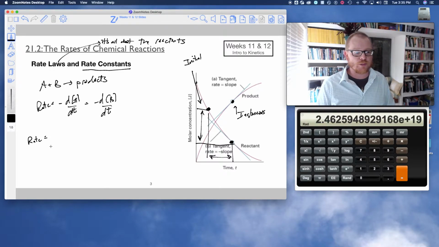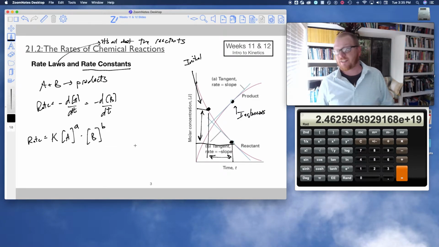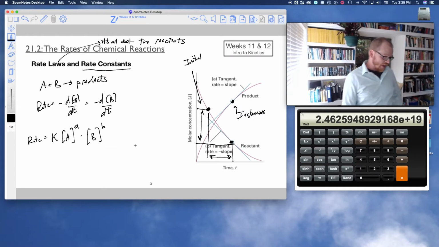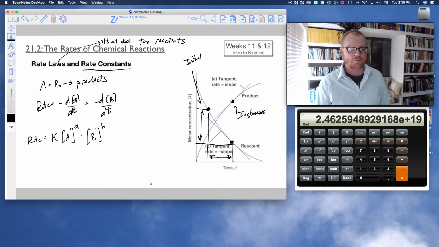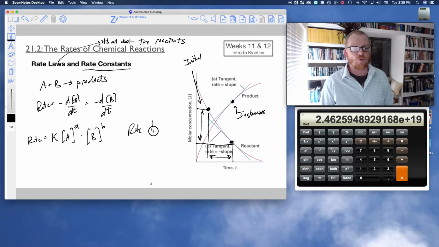And what I do to set up this rate law, it's always going to be k times the reactants. So k times the concentration of A raised to some power that I'm going to talk about soon, times the concentration of B raised to some power. So this is how we always set up a generic rate law. So this gives me my rate law.